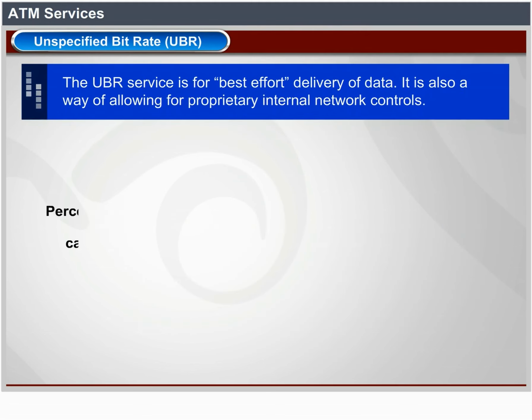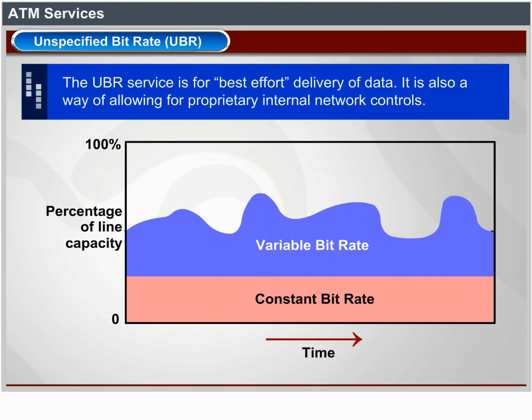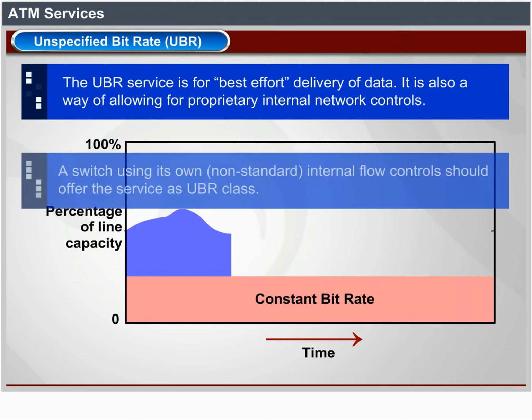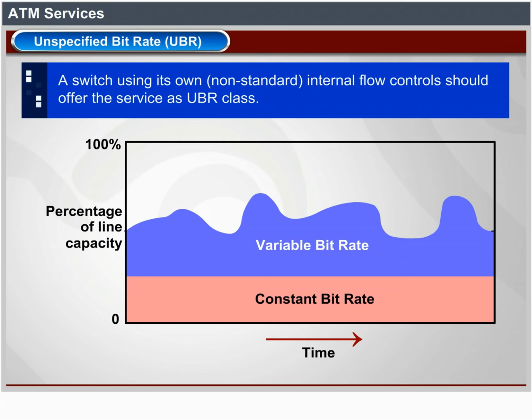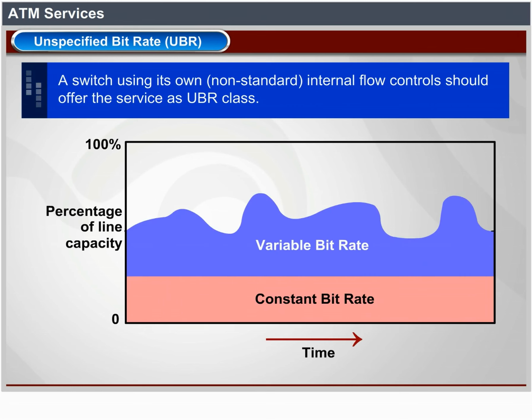The UBR service is for best effort delivery of data. It is also a way of allowing for proprietary internal network controls. A switch using its own non-standard internal flow controls should offer the service as UBR class.